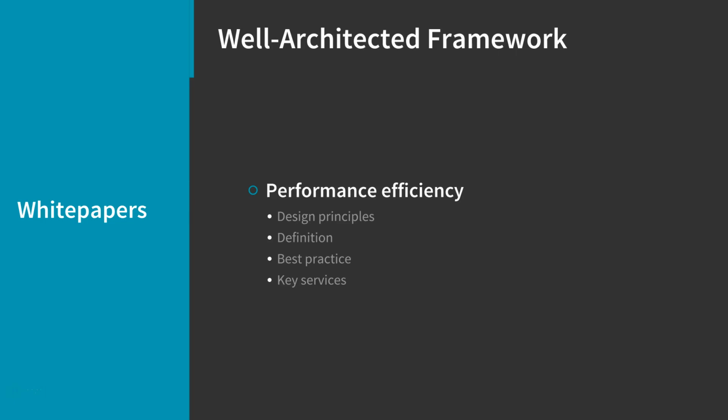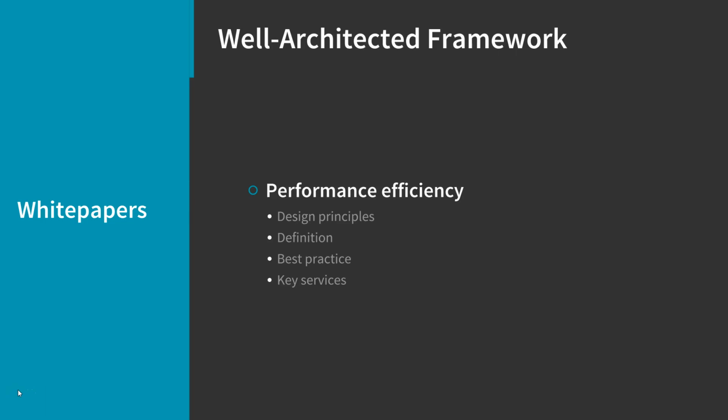Using AWS, you can take advantage of continual innovation which is driven by customer need. When you architect solutions, you should think about trade-offs so you can select an optimal approach. Depending on your situation, you could trade consistency, durability, and space versus time or latency to deliver higher performance.